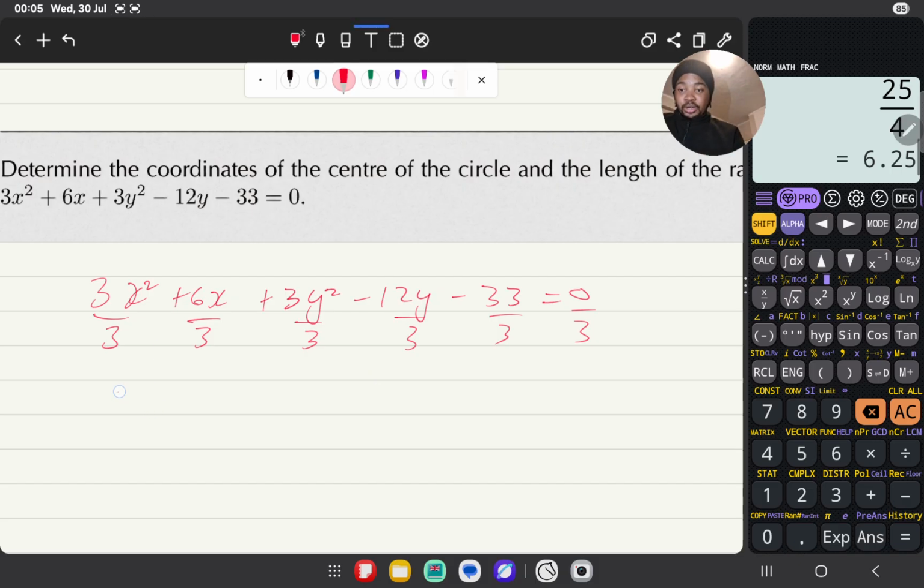So I have x squared plus 2x plus y squared minus 4y, because 12 divided by 3 is 4, and then minus 11, right, equals to 0.